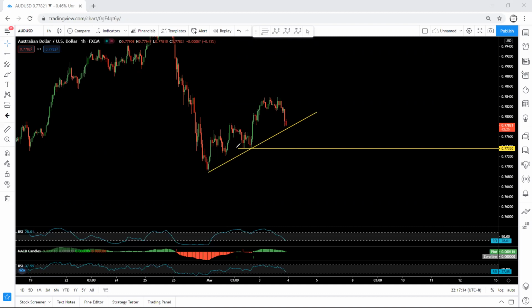Can we consider having this one as an entry if the price drops without giving us a trade setup? I don't suggest it, because the price can easily reverse. That's why I mentioned we need to get the correction here, and we need to see whether it's above or below. Then from there, we will see how this correction behaves before we make a decision. Why?